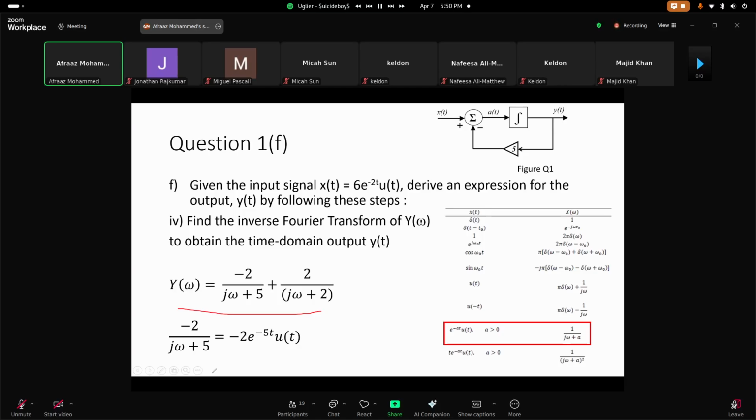One at a time. The first term is minus 2 over j omega plus 5. I'm just going to pull up the notes and formula sheets.